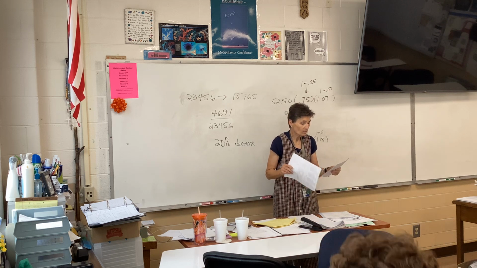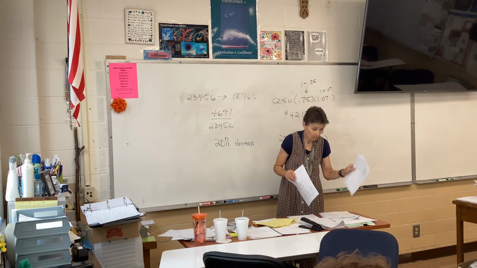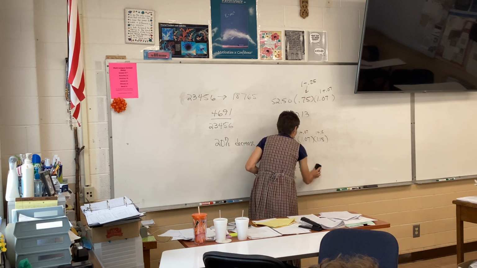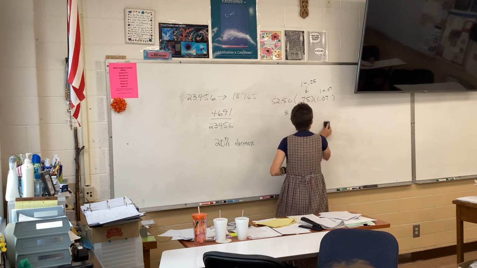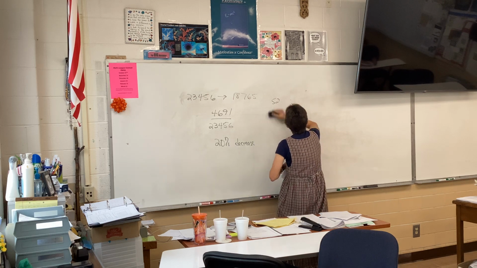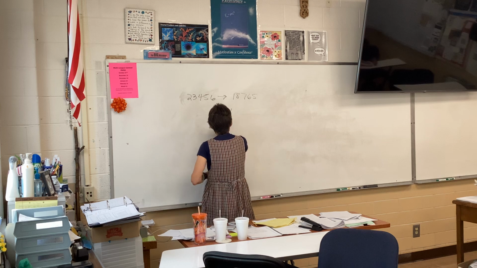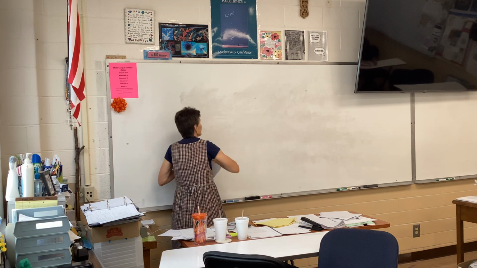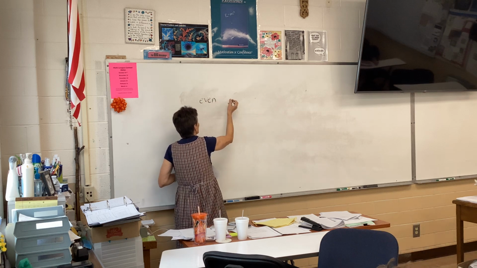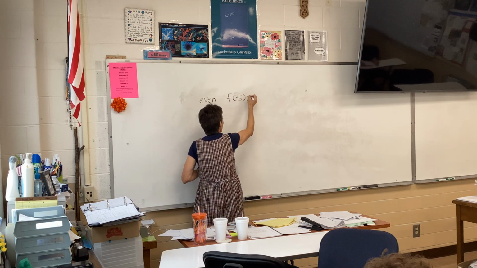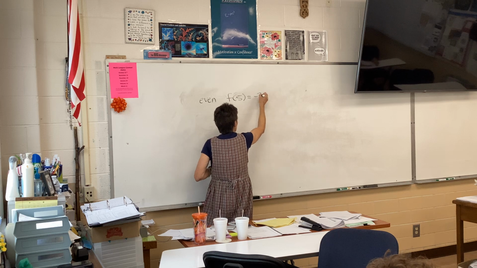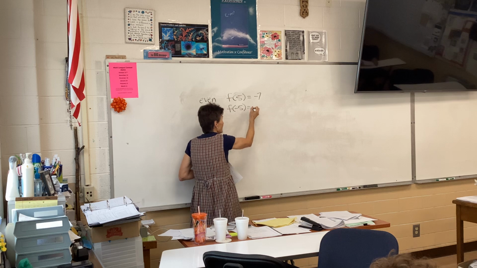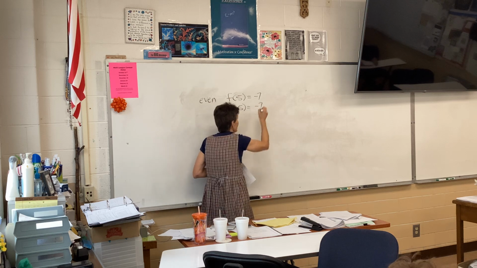One quick comment I want to remind you of is, when we are talking about functions being even and odd, remember what that means. If you are an even function, and f of 5 is -7, then f of -5 will also be -7.